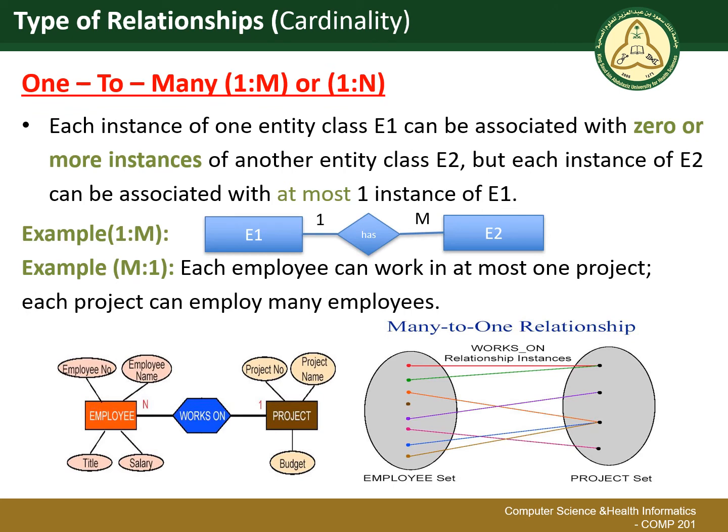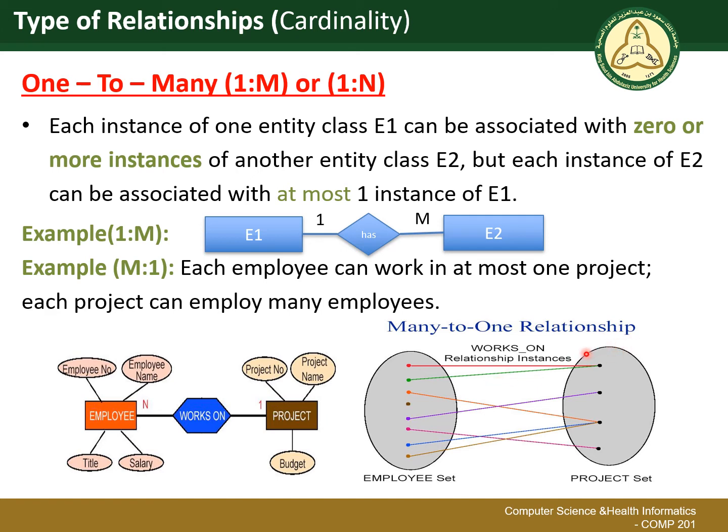The second type of the relationships, one to many, one to m, or one to n. Here, each instance of the entity class E1 can be associated with 0 or more instances of another entity class E2.